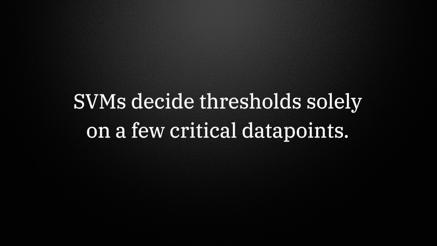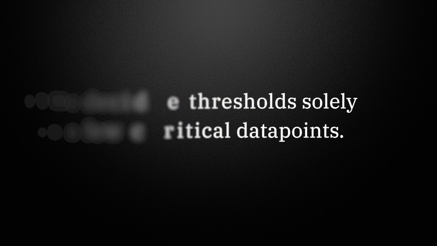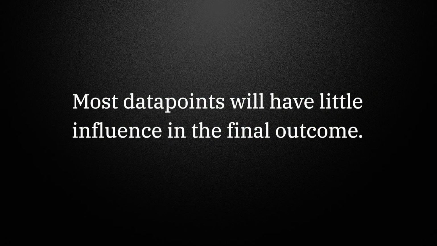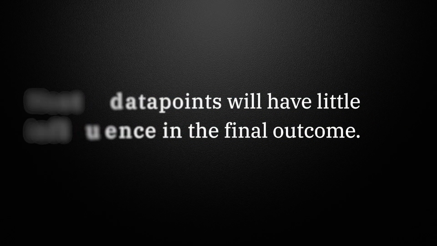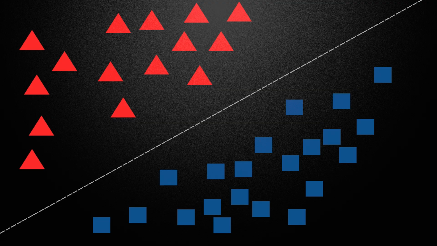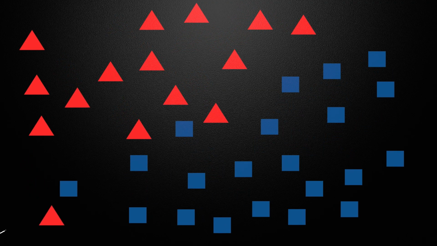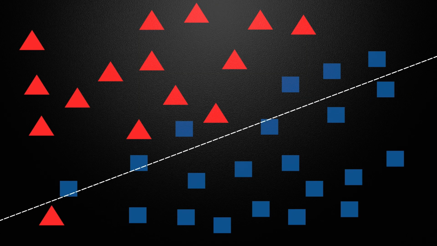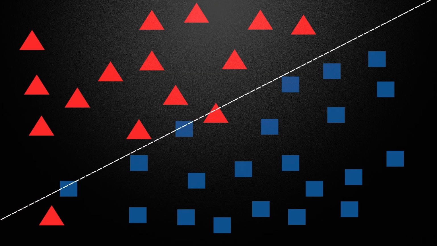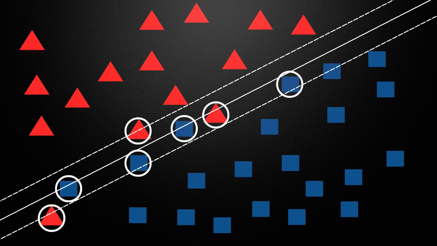This makes it very different from the other algorithms that try to average everything out. Now, if the data is mixed together and impossible to separate perfectly, we just relax the rules. We treat those overlapping points as acceptable errors rather than ruining the model trying to fix them.